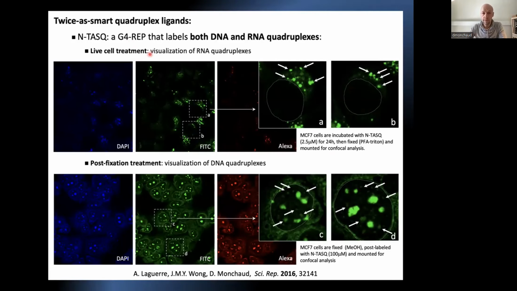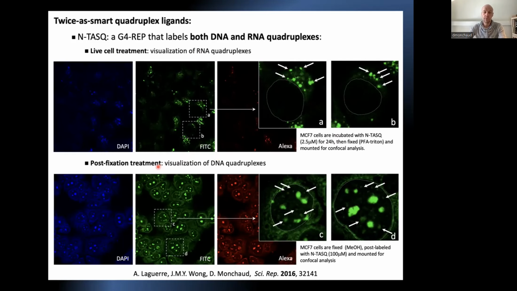And this red edge fluorescence finally allows us to develop two kinds of treatment if we want to use NAFTA for labeling either the DNA or the RNA. So if we use NAFTA in live cells, NAFTA accumulates, we fix everything, and then we clearly see an accumulation of strong G4 foci within the cytoplasm, so RNA G4s.